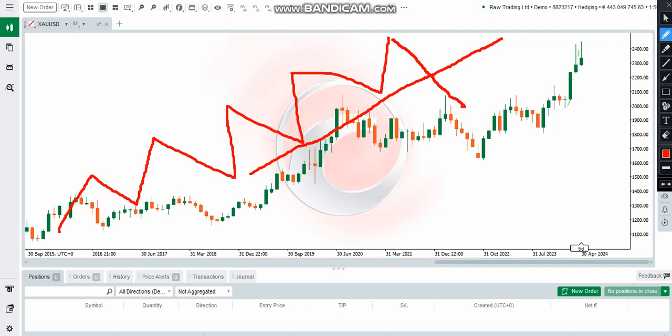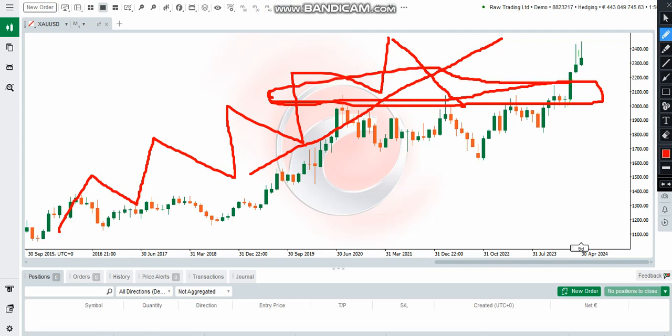Because you've marked out your zone, price breaking this zone means it is now a valid downtrend. You can think of a sell opportunity. But if price fails to break this particular zone right here, which I've shaded, that means it's no longer valid. So this is a reversal pattern.